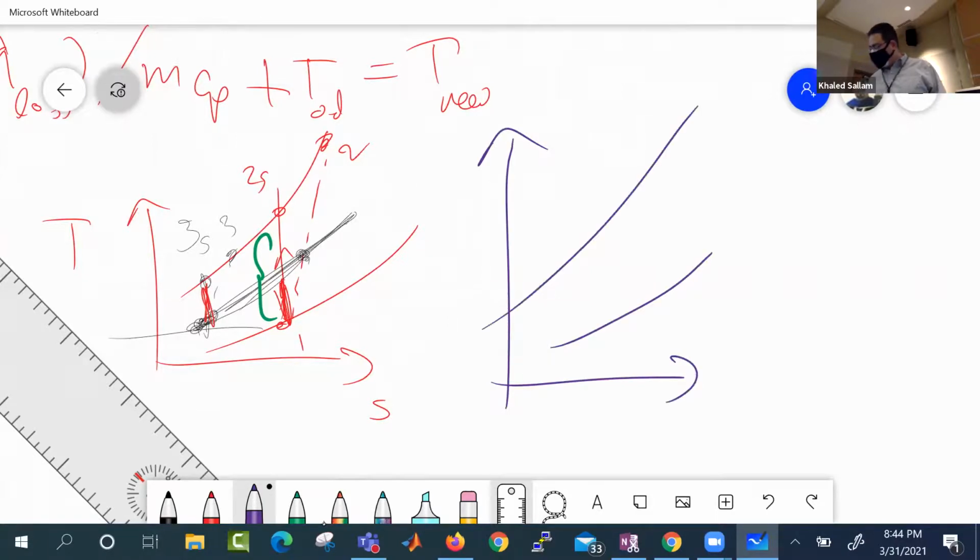How can we make it even more, like we want to make a compressor that will beat all the compressors in the world. What do we do? More stages. More stages, right? How many? Like how many? 4?